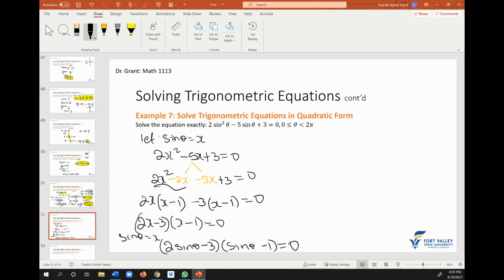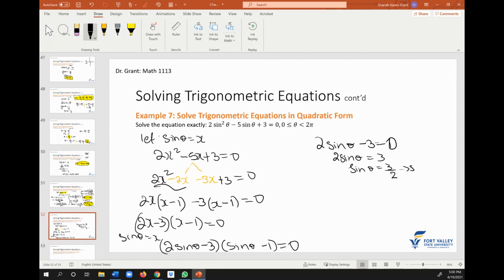So that's really what we have. So if 2 times sine theta minus 3 equals 0, then that means 2 sine theta equals 3 and sine theta equals 3/2.